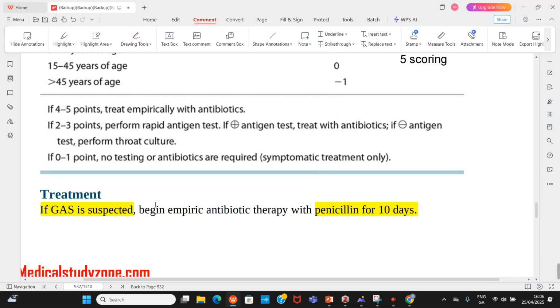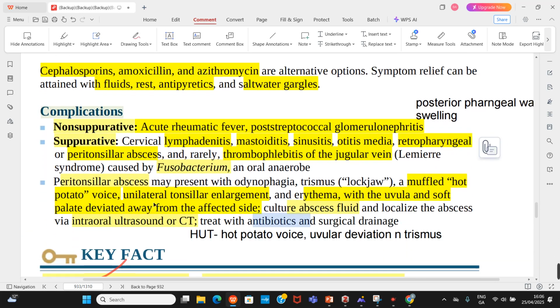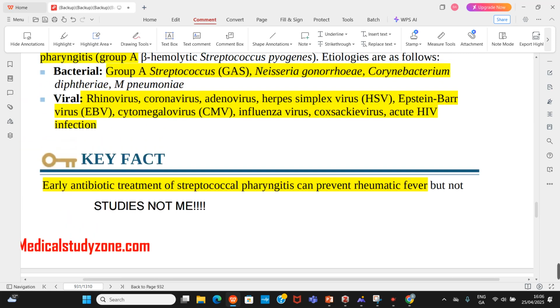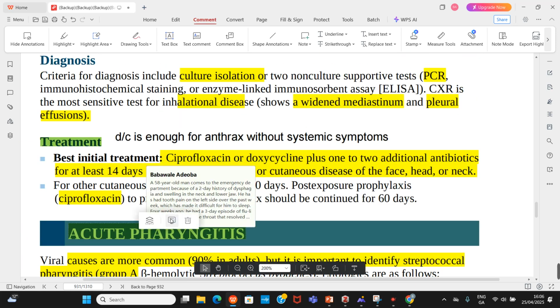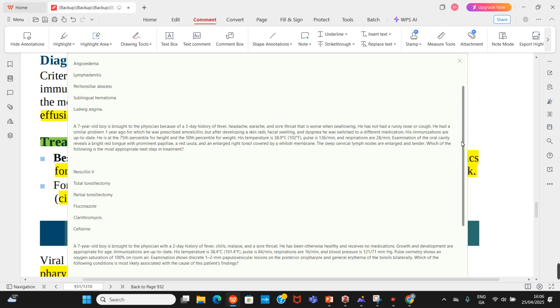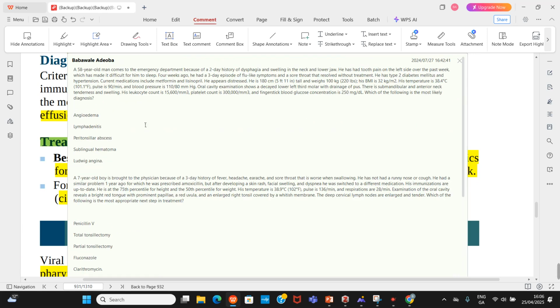Oh, okay. Yeah. So let's see if we can take one or two questions to drive home the point. So this is a 58-year-old man who comes to the emergency department because of a 2-day history of dysphagia, swelling in the neck and lower jaw.